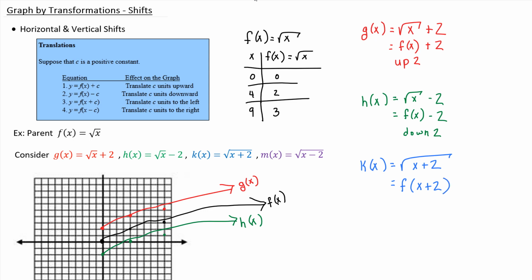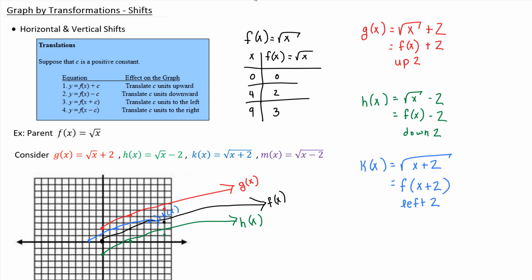Notice you're adding 2 units to the x value. In that case, it's a horizontal movement as opposed to vertical. Since it's plus, according to your chart, you move left, 2 units. So whatever your parent function was, you go to the left 2 units. Then connect your points, and that is your k of x function.